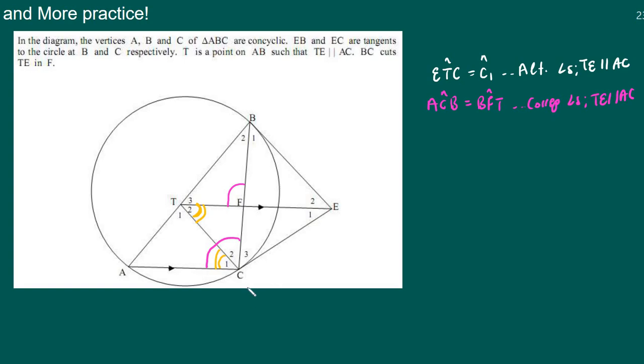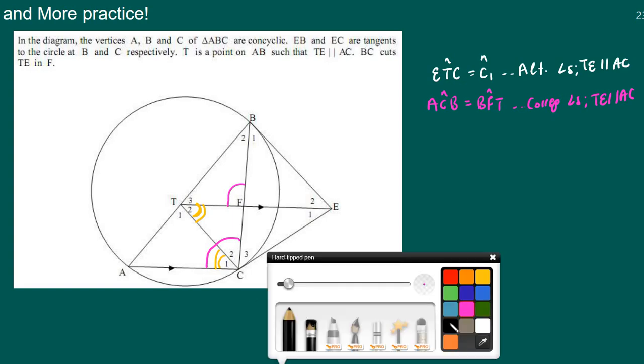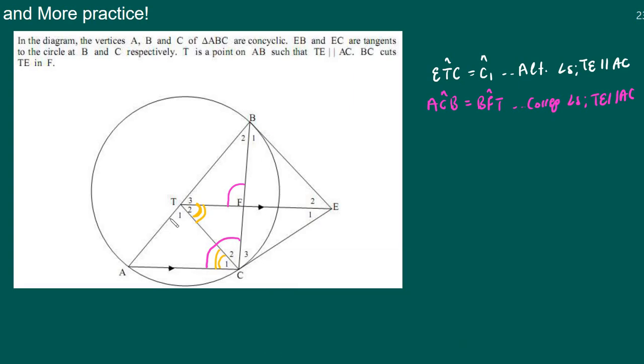T1 is equal to C2. You came with a nice one there, ma'am. Quite interesting one. T1 is equal to C2. What would be your reasoning? I think alternating. Okay, let's try to form the Z shape there.